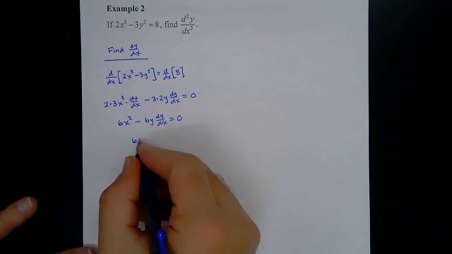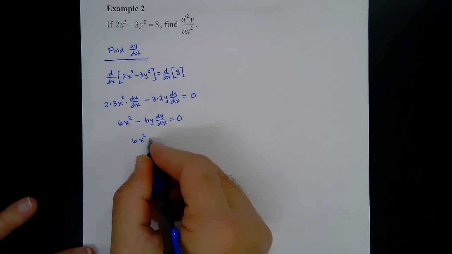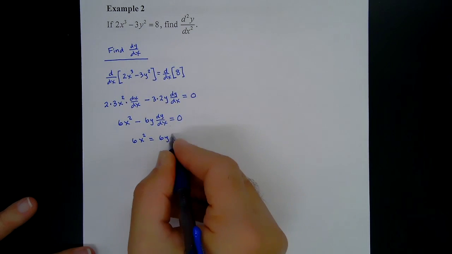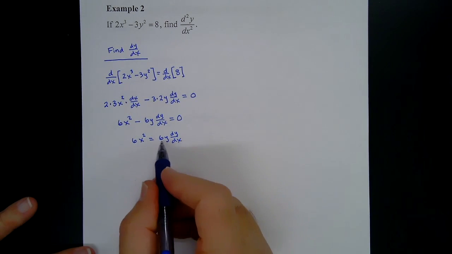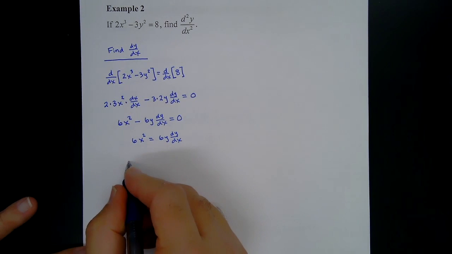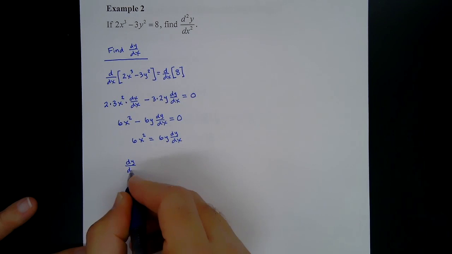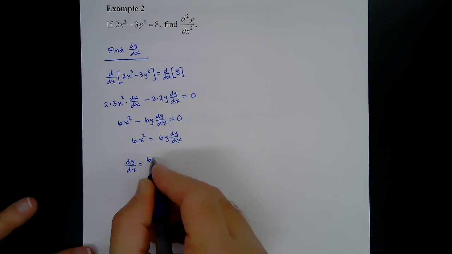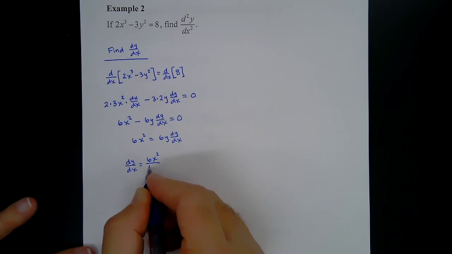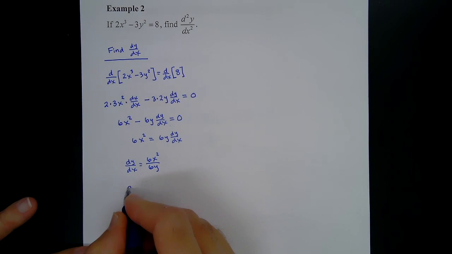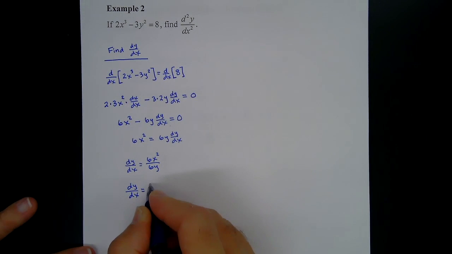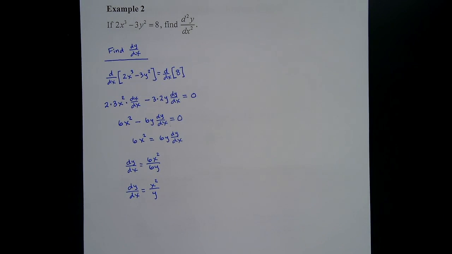Then 6x squared is equal to 6y dy over dx, and I'm going to divide both sides by 6y. So dy over dx is 6x squared over 6y, and the simplified version is x squared over y. That's the first derivative.